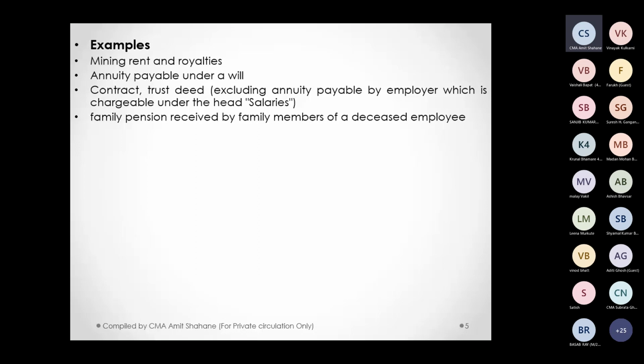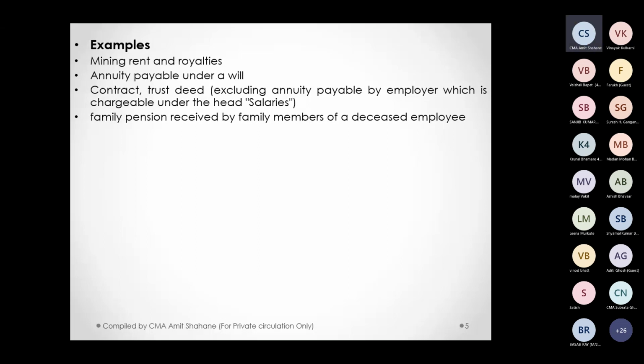As I said, there has to be an employer-employee relationship, but that relationship can be in the past, present, or future. Take the example of pension. That pension is received because of your employment in the past. After your retirement, typically you get the pension. Even if you are getting it from your former employer, it is still considered your salary income.